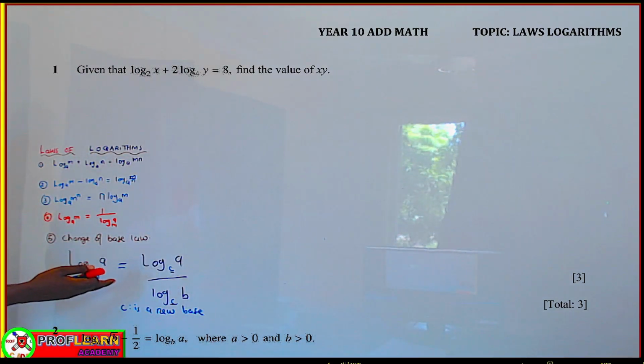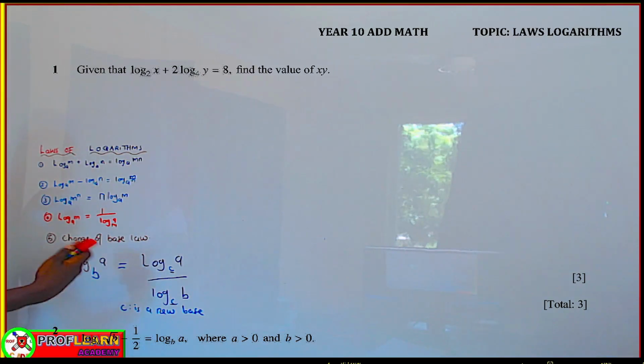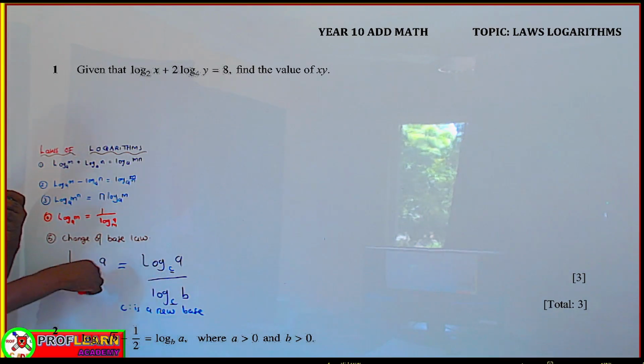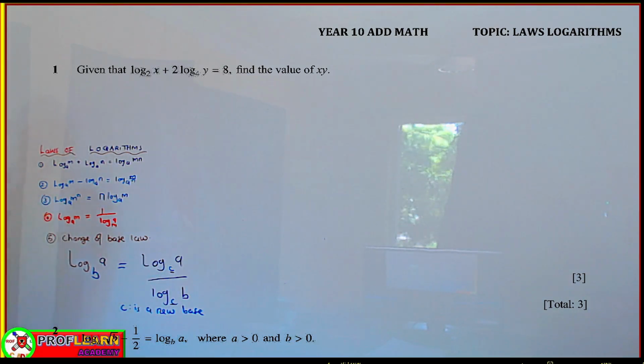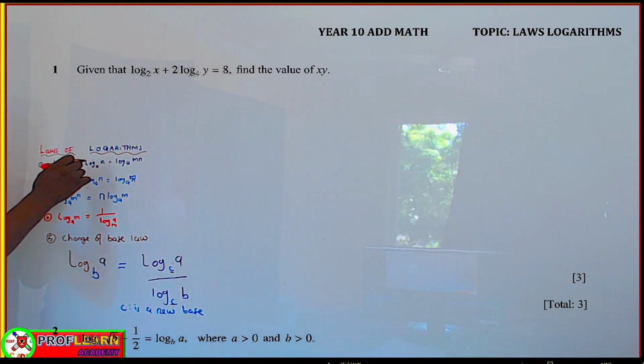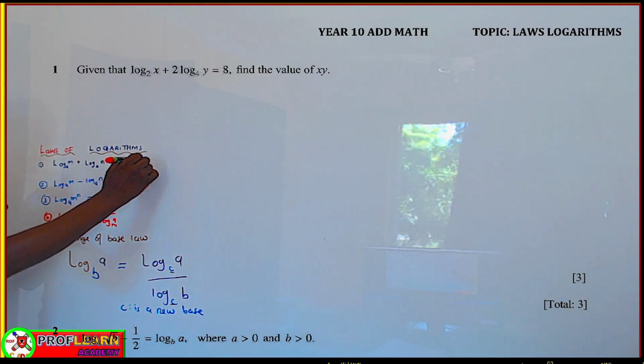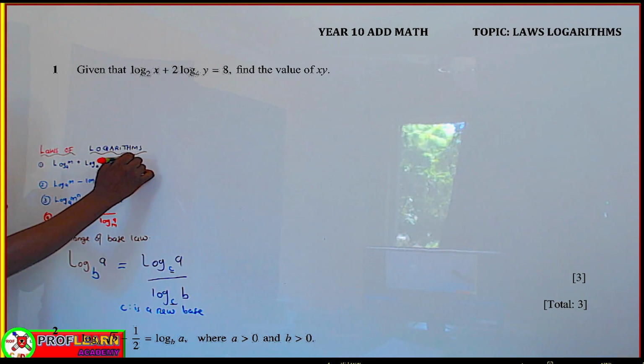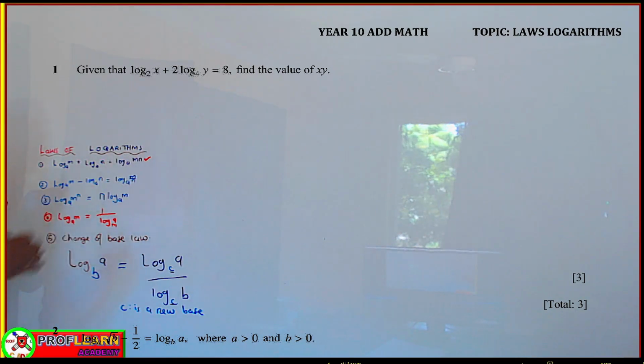Now, if you want to make the bases the same, if you want a new base, you can use this particular law or rule. But remember the rules of logarithm. The first rule that we identified is that if you have log m base a plus log n base a, that can be written as log of m times n base a.